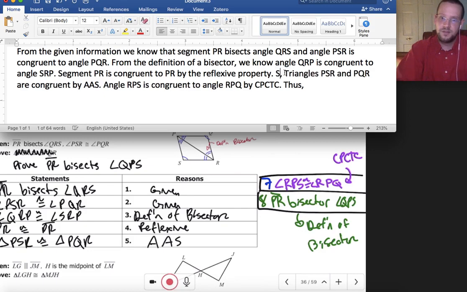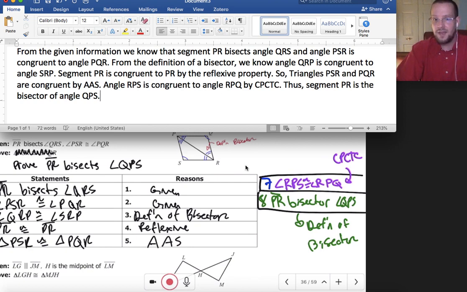Let me change this to so, just because I like to use thus when I'm finishing my proofs. Thus, segment PR is the bisector of angle QP. And that's it. This really just adds another couple sentences to our proof.